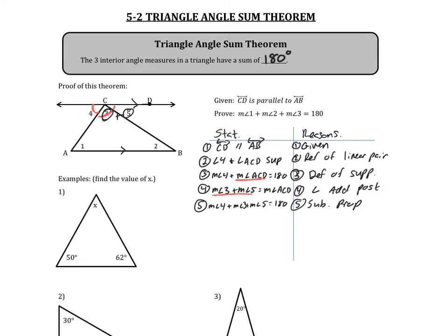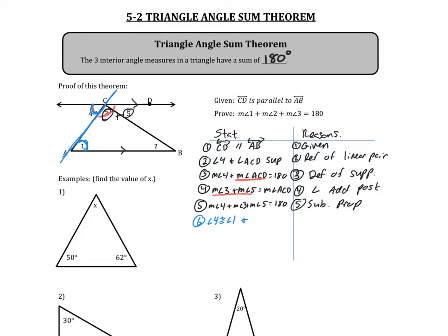Let's just say measure of angle 3. Well, here's some things that I know. I know that angle 4 is congruent to angle 1 because they're alternate interior angles of this transversal right here. So angle 4 is congruent to angle 1.